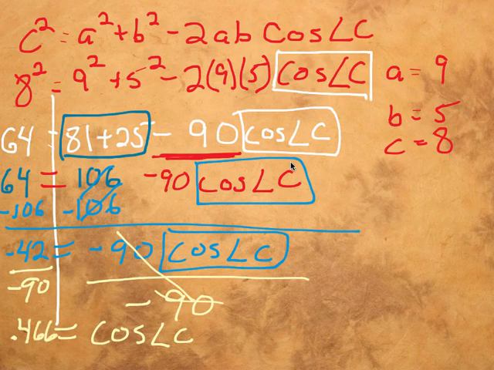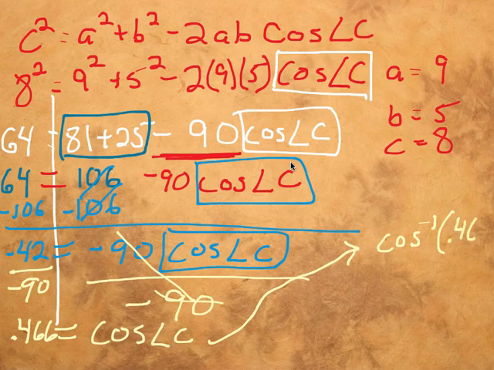Now, remember, if we're looking for an angle, we got to inverse cosine to find our angle measure. So what I'll do is I will take inverse cosine of 0.466, and that will find my angle measure, which is 62 degrees, 62.2 degrees.